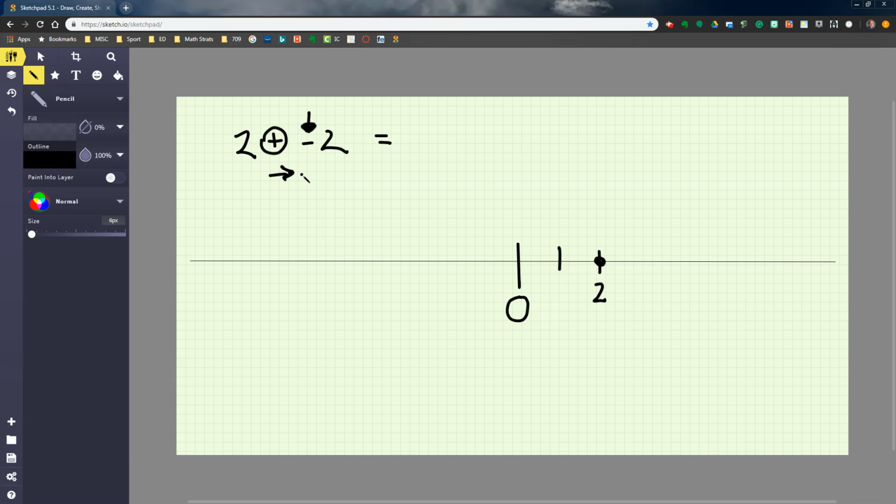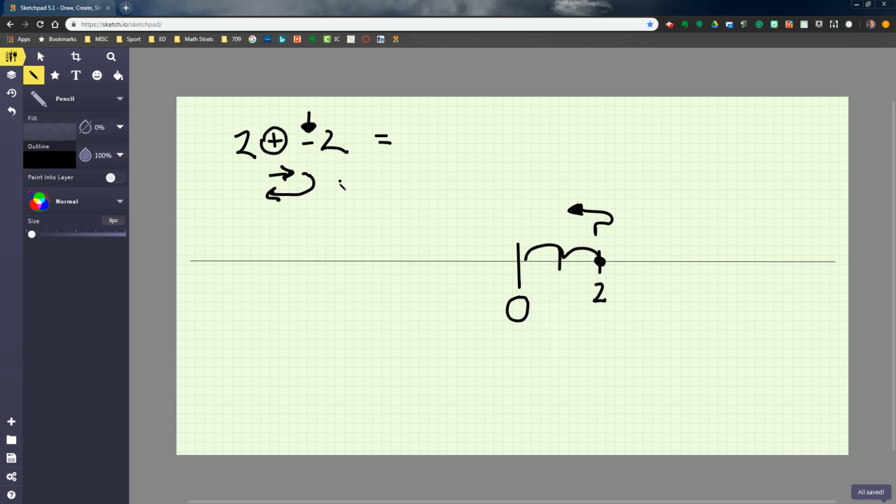Well, that basically tells us let's make a big honking U-turn, and we're going to go back down the number line. Okay, so we're going to start here, and instead of going this way, we're going to basically make one big U-turn and go this way. And we're going to go 2 places, just like it said. So we're going to go 1 and then 2.